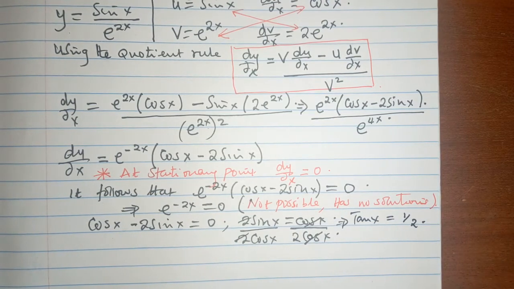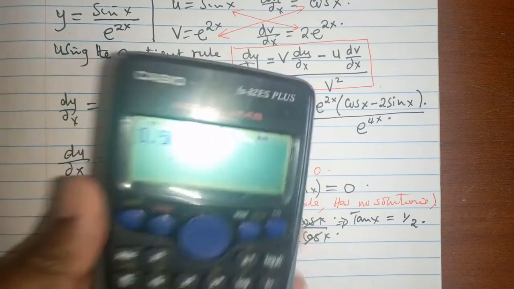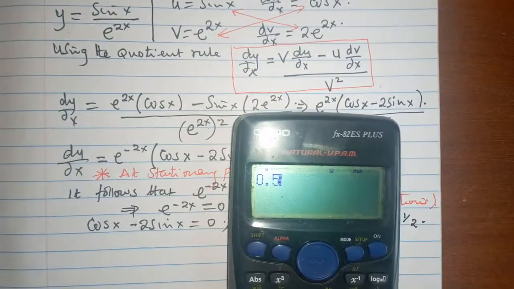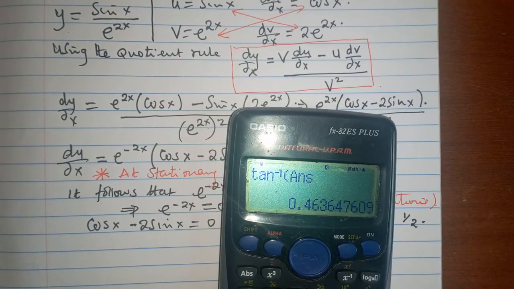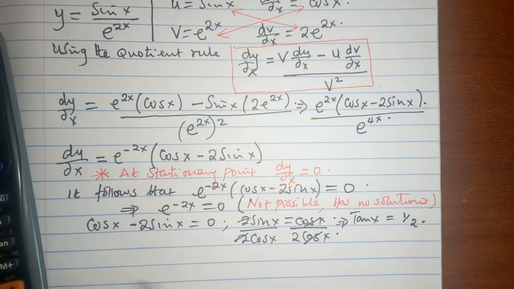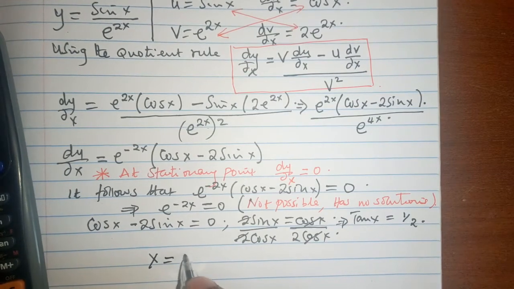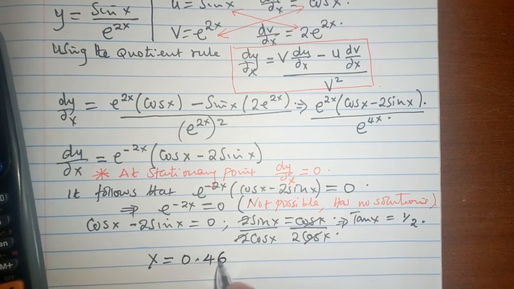If the tangent of x is a half, and we are giving our answer in radians, then shift tan of 0.5 gives 0.464. So x is 0.464.